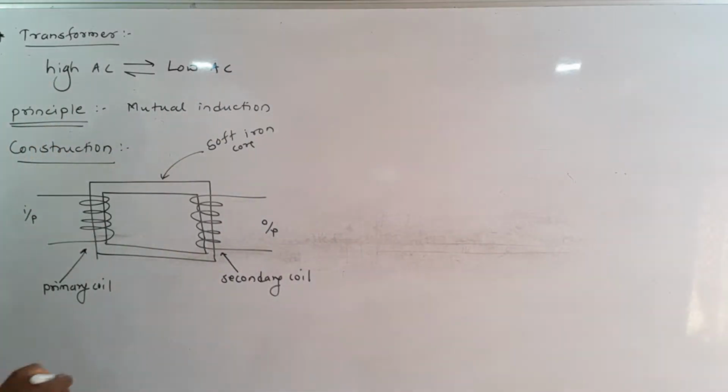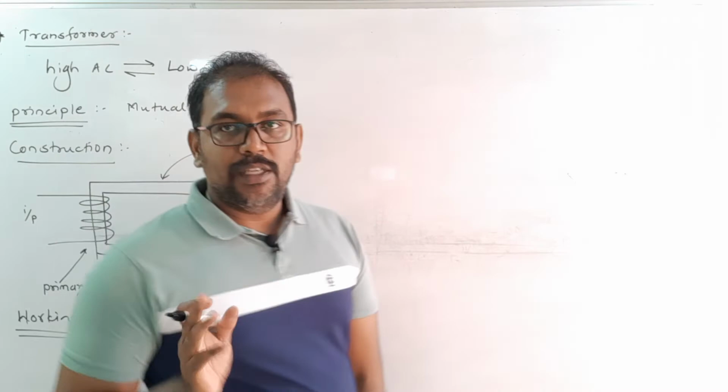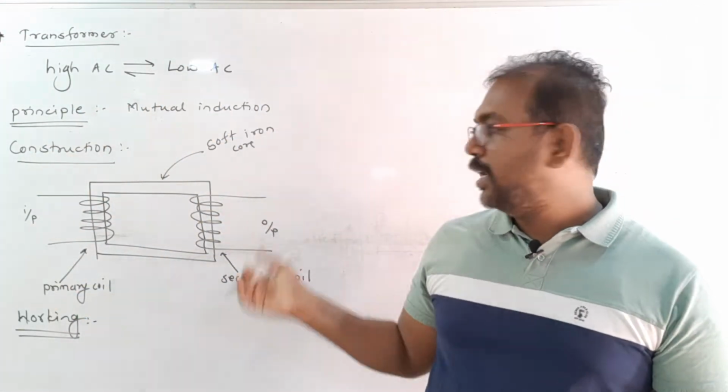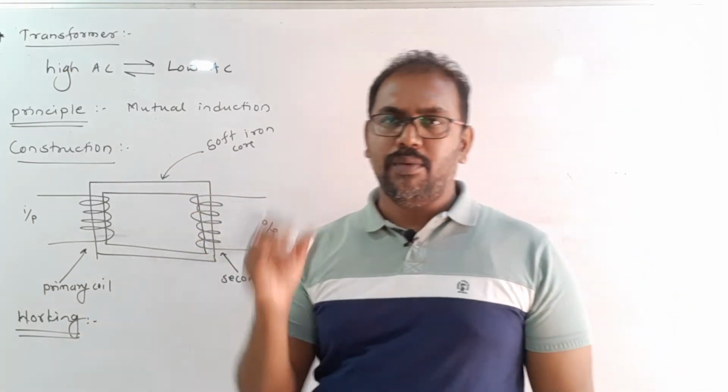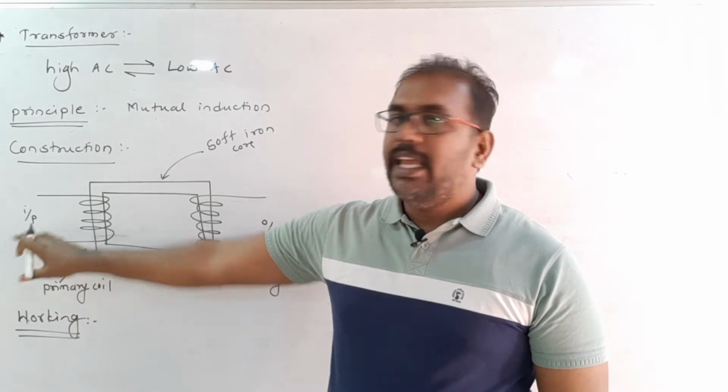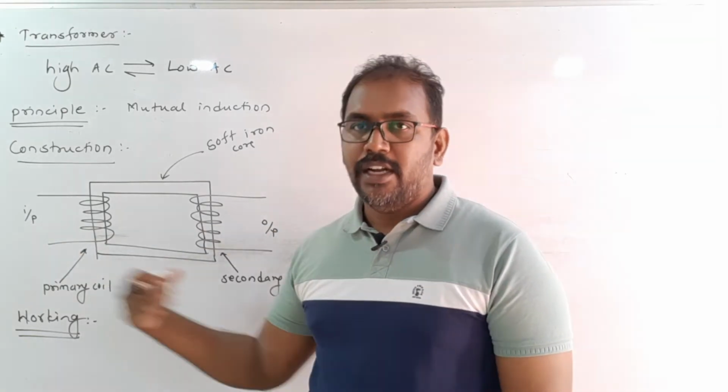Now let's see the working of transformer. The principle is mutual induction, and we have to explain this mutual induction with respect to this case. We are applying here AC, alternating voltage.